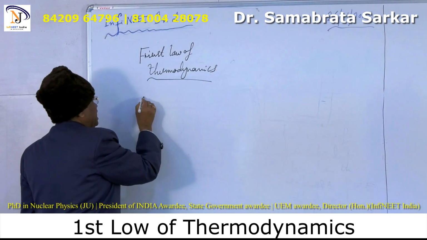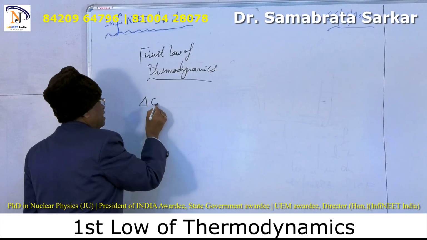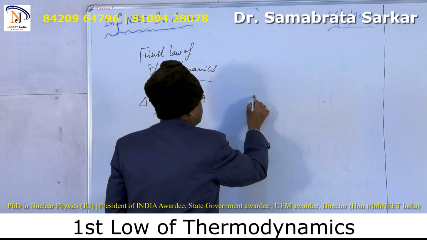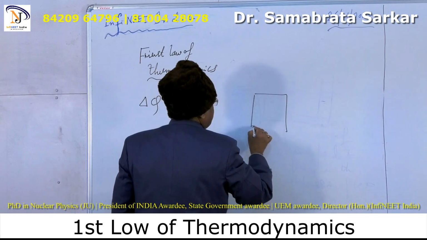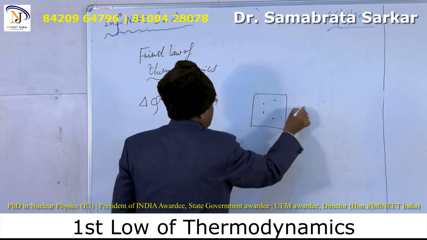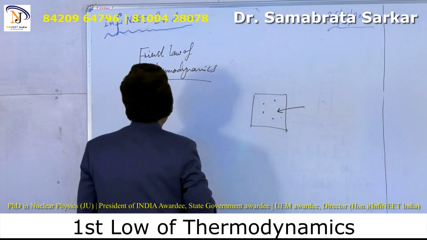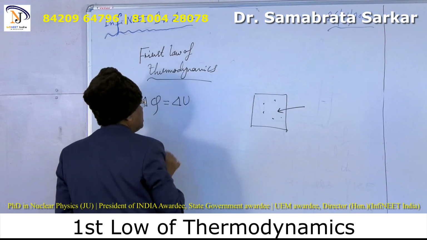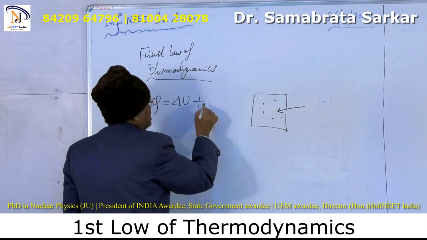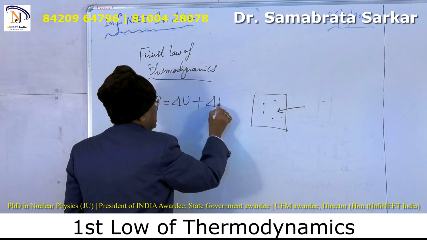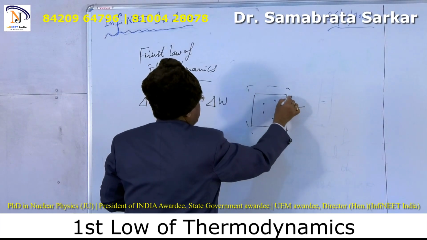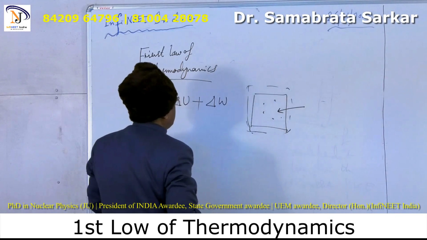Suppose dQ amount of heat is given to a gas within this chamber. Then what happens? There will be a change in internal energy and a certain external work done will take place, or it may expand. There is a possibility of expansion.